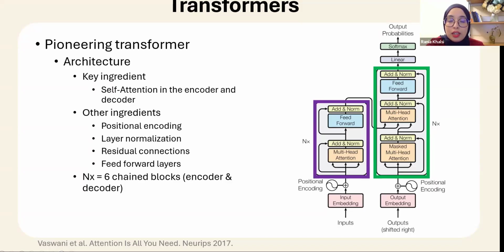Each side is built from 6 stacked layers, and at the bottom we start with positional encoding, which injects information about the order as well. Within each layer we have multi-head attention, followed by add and norm, and the feed forward, which is the MLP part.